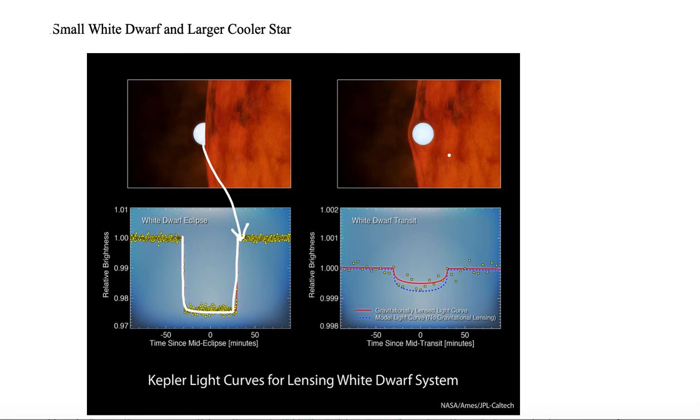In this second panel on the right, the white dwarf is passing in front of the red star, so we're entering into the transit, and we're right about there in the light curve. And since the white dwarf is in front of the red star and you're removing only a small amount of light from the red star, you have a small dip in the light curve.